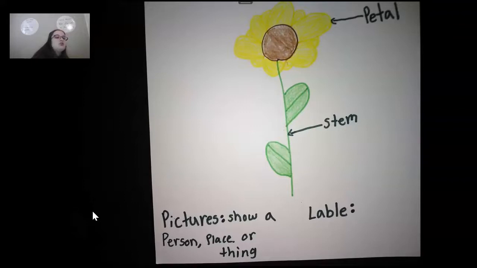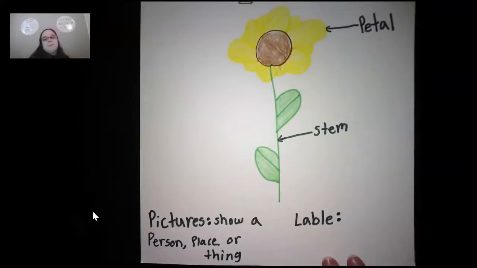So that means when you go to draw the picture portion of your diagram for your All About book, it's going to show a person, place, or thing. Well, for us, it's actually just going to show a thing because none of us did an All About book about a person or a place.